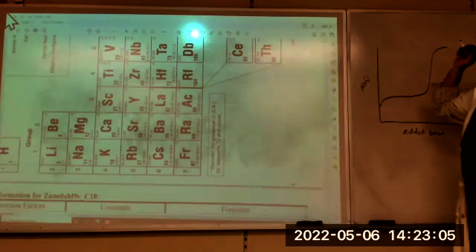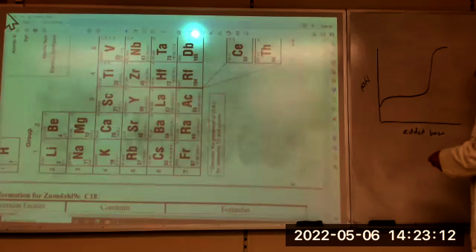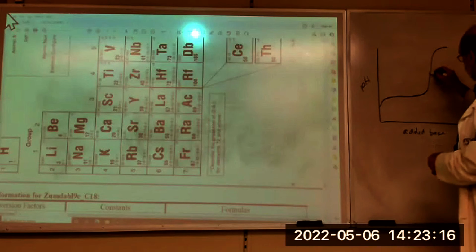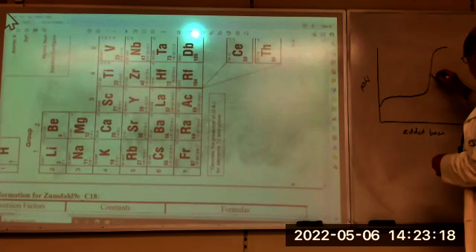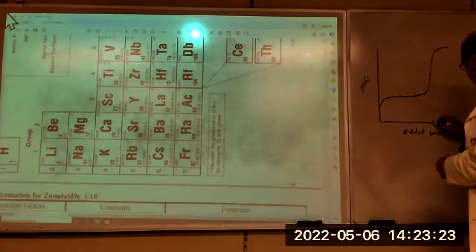So that's a sigmoid curve. You see that in biology all the time. It's a growth curve. But in this case, it's chemistry. So this point right here, midway, is the equivalence point. So this is the equivalent volume.